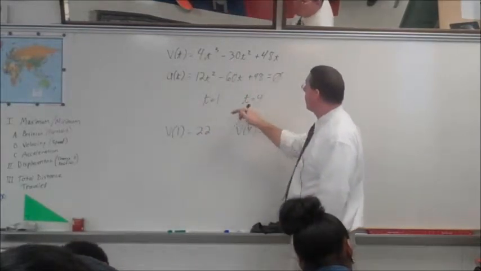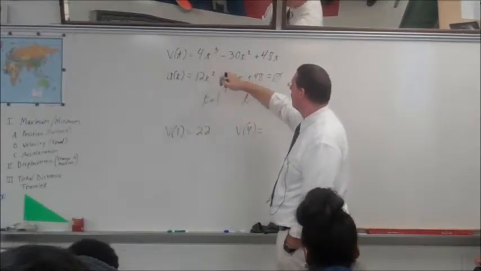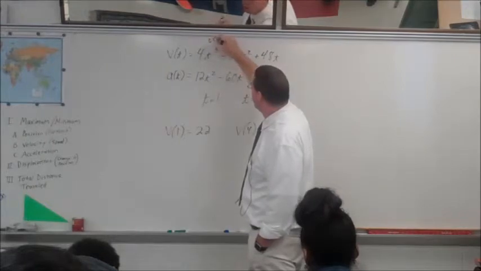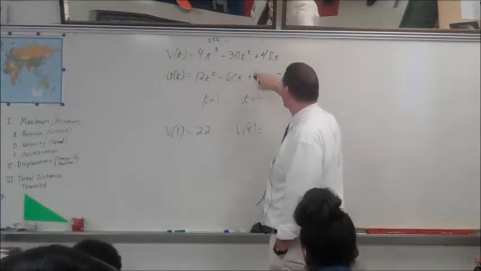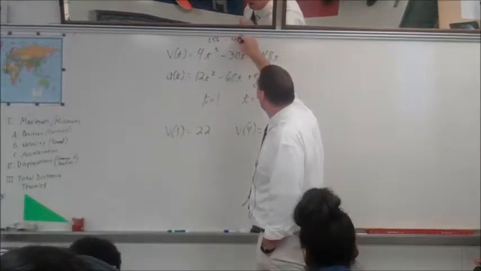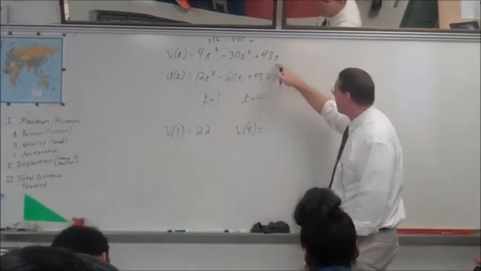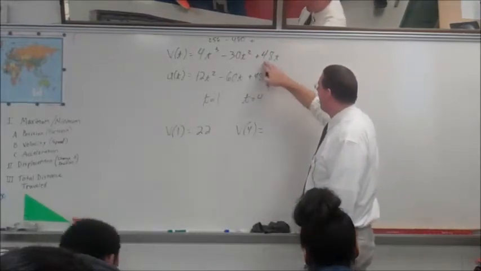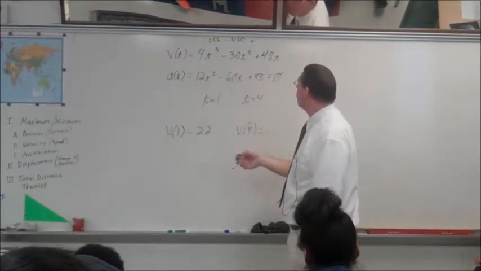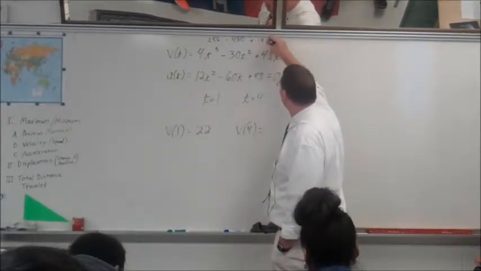If we put 4 in here, we get 4 times 4 cubed, 16 squared, it's 256. You might need a calculator, but 256 minus 4 times 16, 16 times 30, 480, plus 48 times 4. That's about 50, and 50 times 4 is 200. If we take away 8, that's 192.